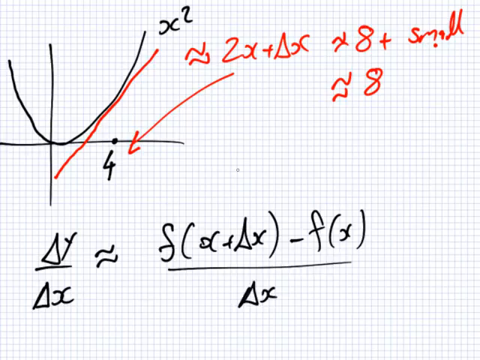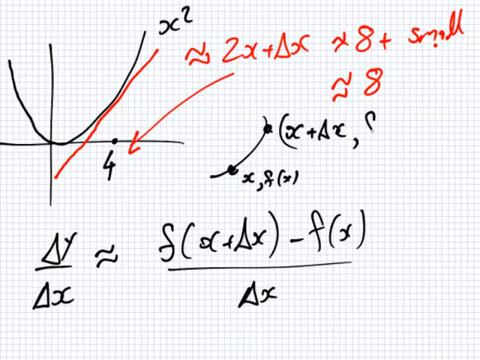The reason is, when you draw your curve, this point here is (x, f(x)), and this point here will be x plus delta x, and its y value will be f of x plus delta x. So on the top you have y2 minus y1.